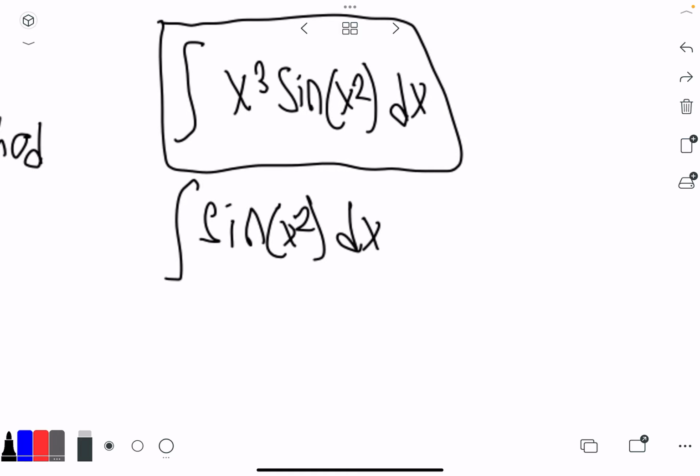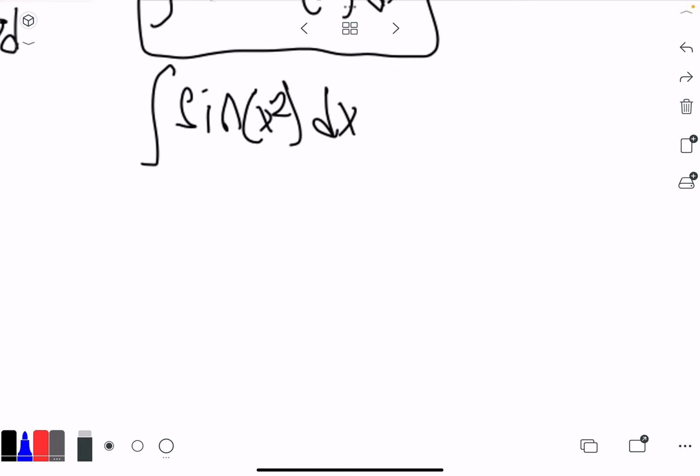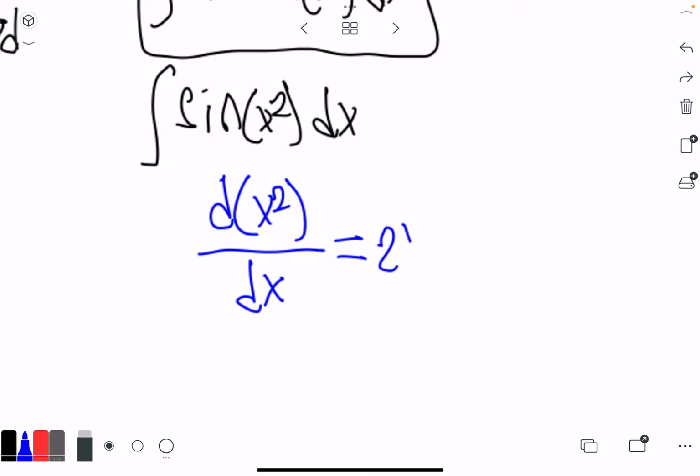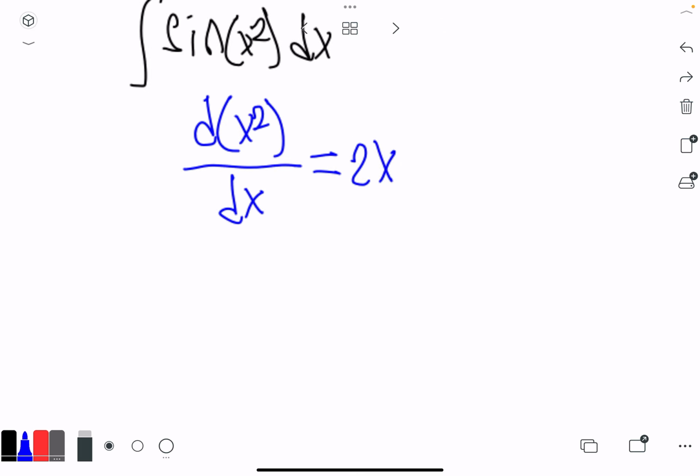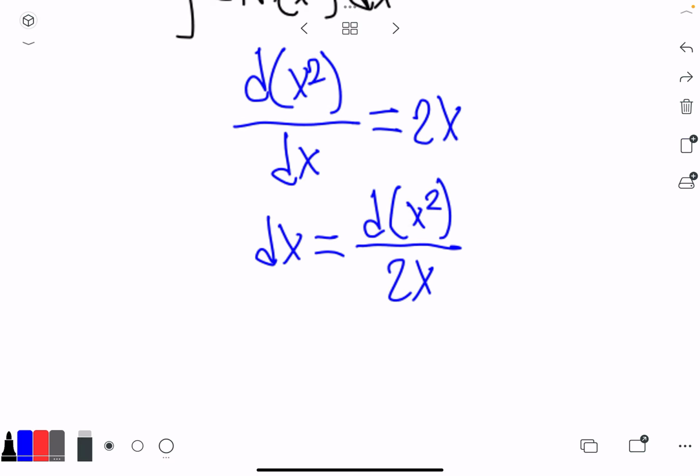You need to actually substitute dx with something else. So you want to rewrite it in terms of dx squared. So dx is equal to dx squared over 2x.